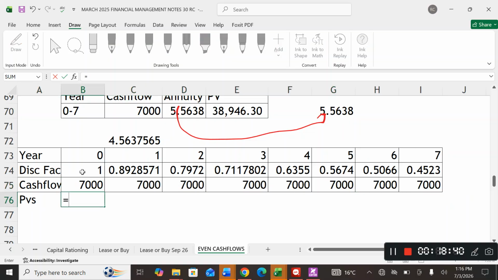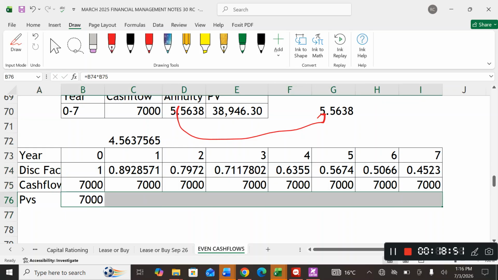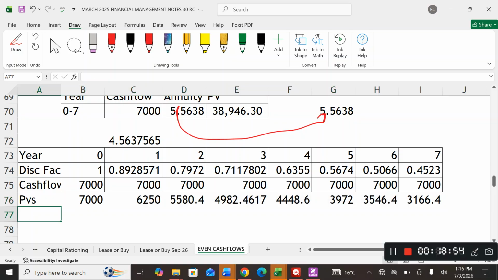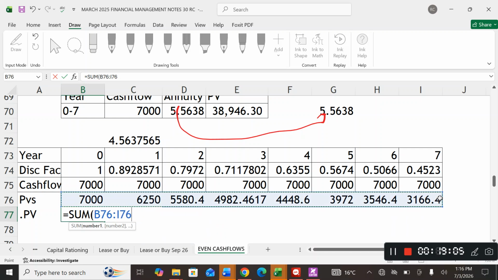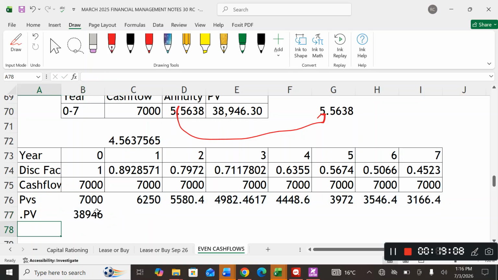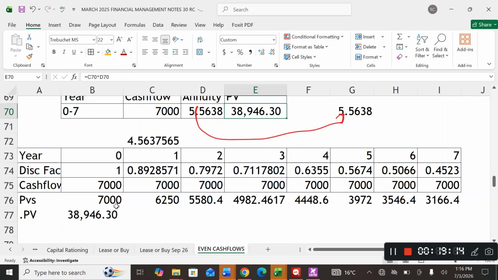PV is equal to discount factor times the cash flow, up to year 7. Then I should have my final PV when I add all these PVs from year 0 to year 7. I should still get the same answer as the one I have here, the same to the last decimal. So this is how we calculate an advanced annuity.